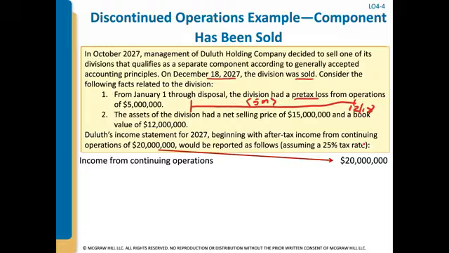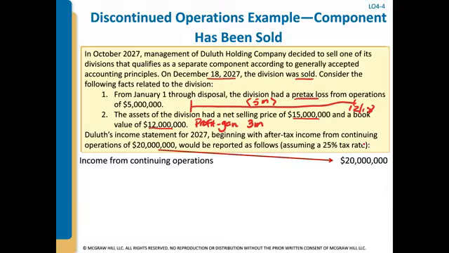The assets of the division had a net selling price of $15 million and a book value of $12 million. So we sold it for $15 million, where the value was $12 million, so we had a gain on the sale of $3 million.